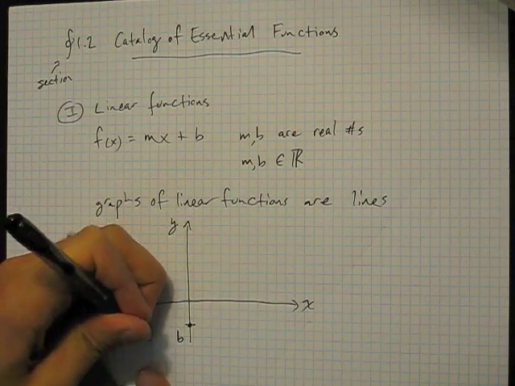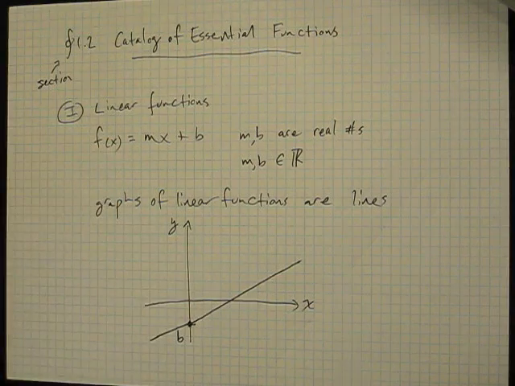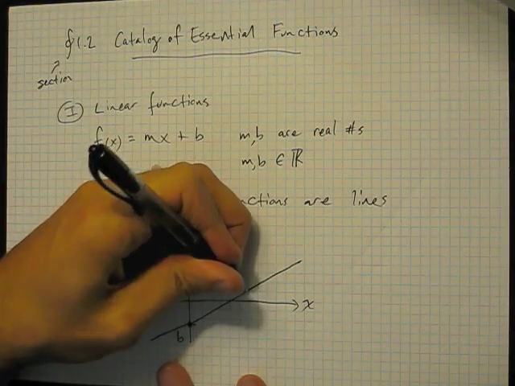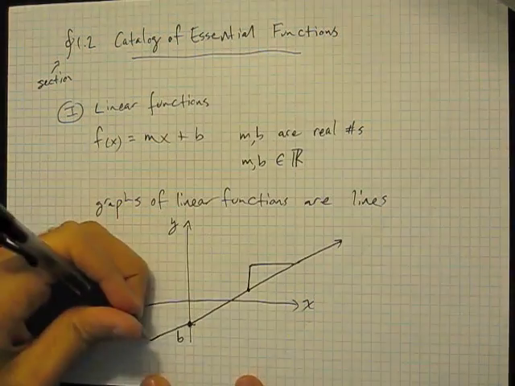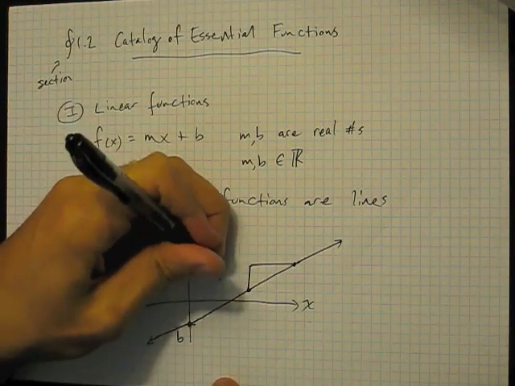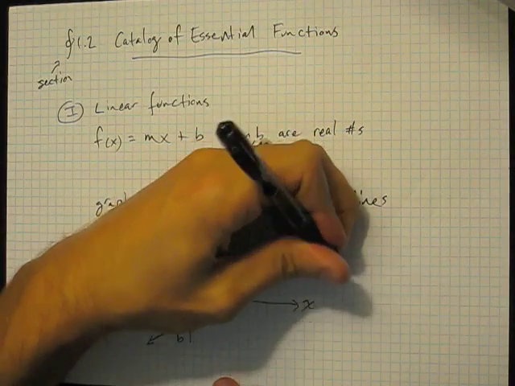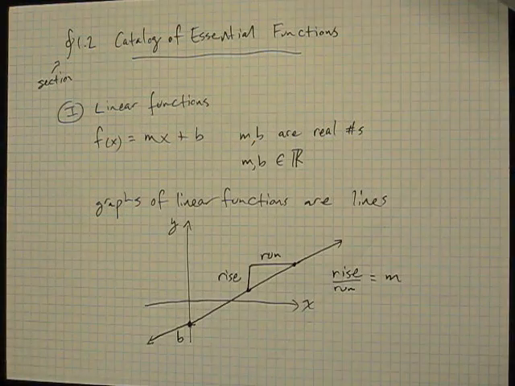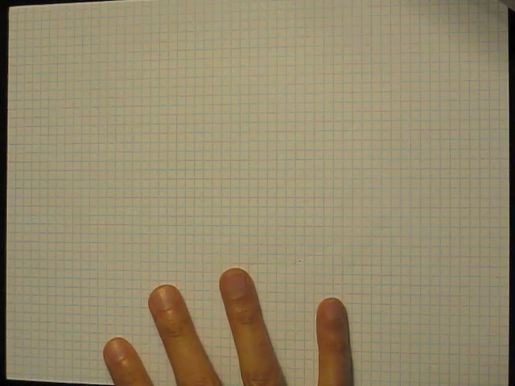And then the graph of this linear function will pass through this value on the y-axis, and it will be a line, and the slope of the line will just be the number m. So here's a picture of the graph of a line, for instance, and if you take any 2 points and you calculate the ratio of the rise to the run, the rise over the run should be this number m. Okay, so that's linear functions.